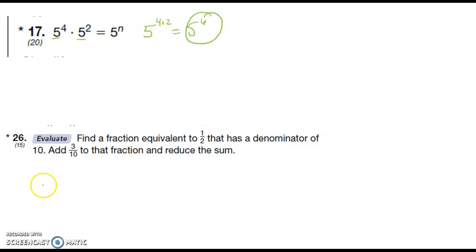Okay, 26. This looks like it's going to be more than one step. 1. Find a fraction equivalent to 1/2 with a denominator of 10. 2. Add that fraction, and 3. Reduce. Okay, so first step, 1/2 with a denominator of 10. 2 times what gives me 10? 2 times 5.